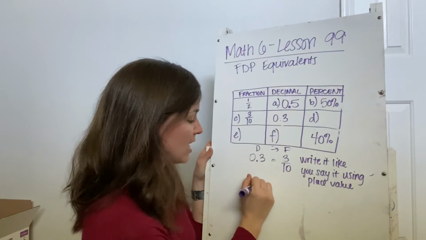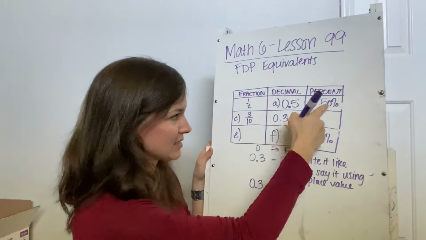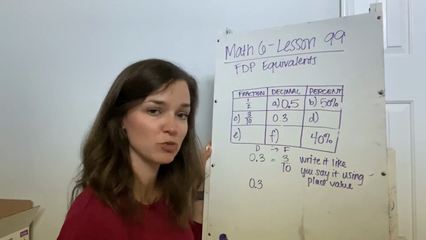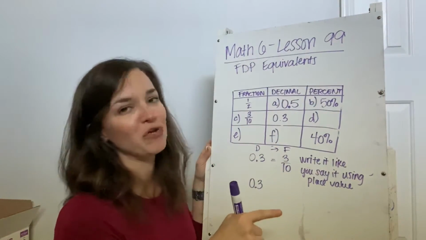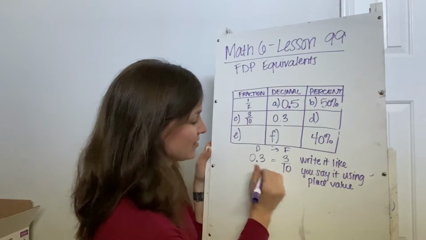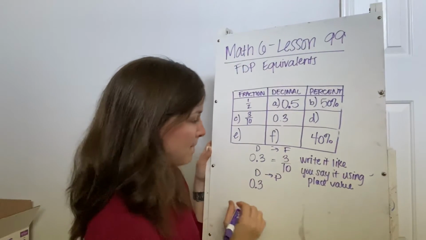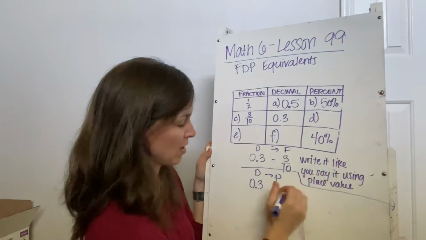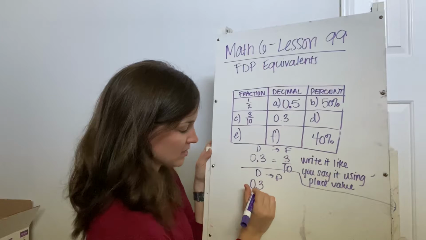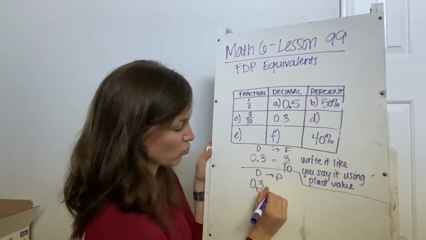Just like we said, going from percent to decimal was bumping the decimal 2 places to the left. When we're going from decimal to percent, we're doing the reverse. So you guessed it, decimal to percent. We are going to take that decimal and bump it 2 spaces to the right this time.